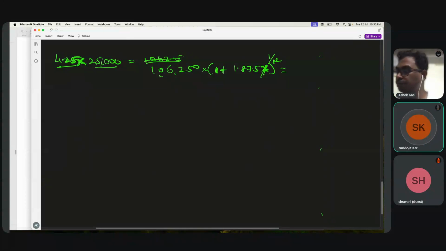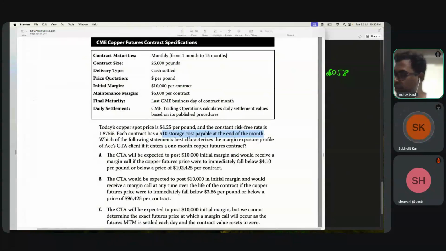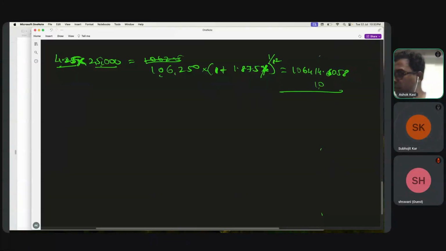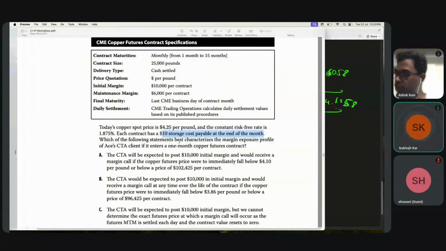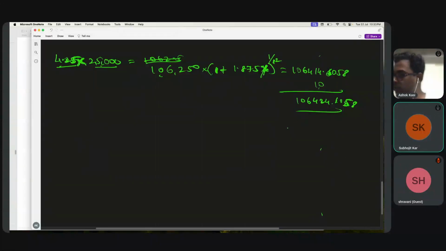It is 106,414.6058. And then they are supposed to pay 10 storage cost, so plus 10. Only $10, storage cost will be like that only. So 106,424.6058.